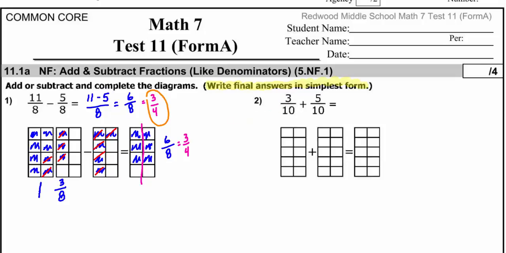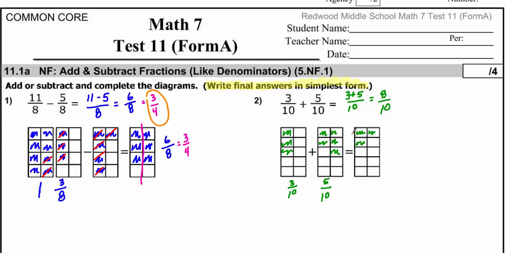All right. Jump over to number 2. 3/10 plus 5/10. Well, just like the last one, all the action happens in the numerator. And we have 3 plus 5. That is 8/10. As far as our diagram, there's our 3/10. There's our 5/10.